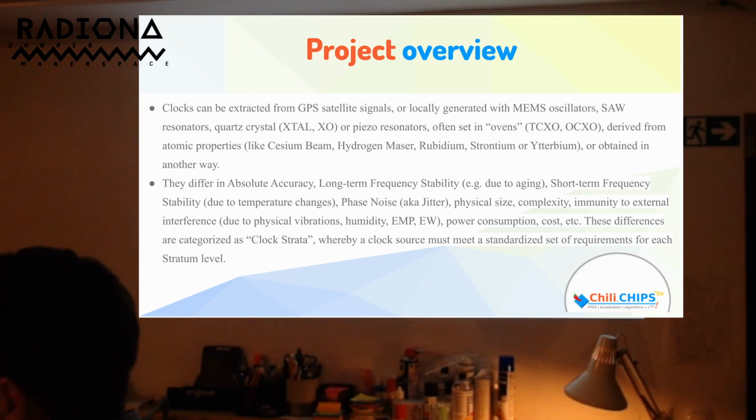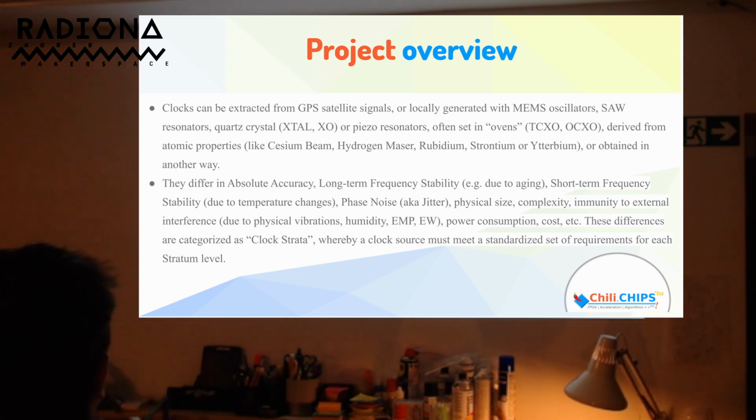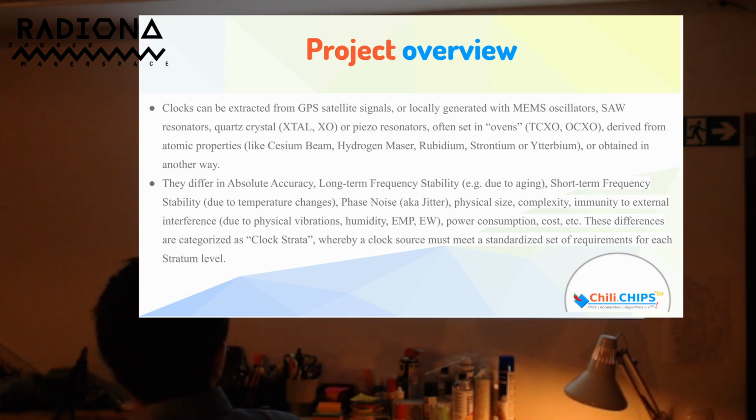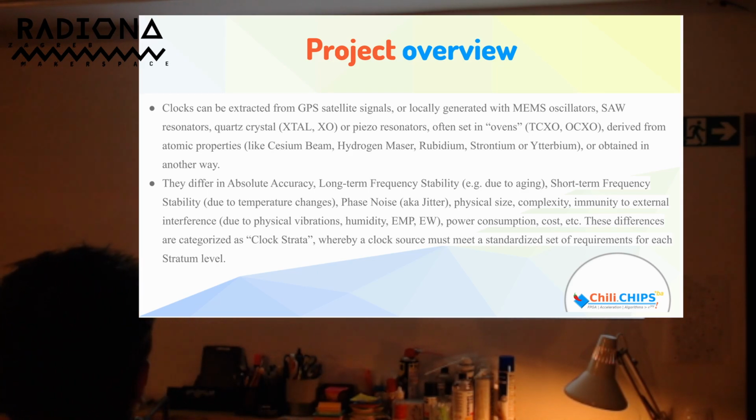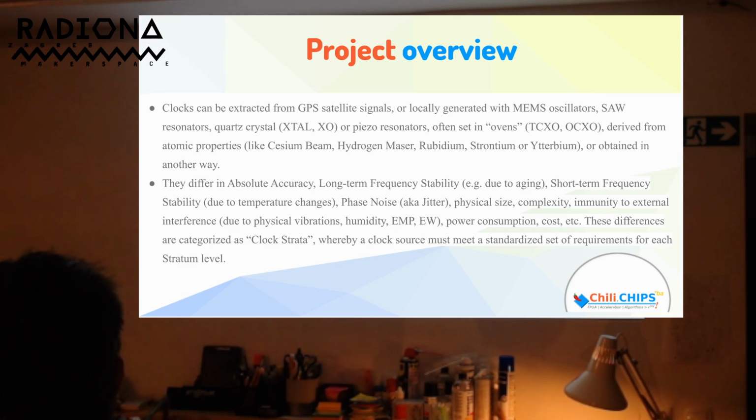So you can imagine some great clock. The clocks can be extracted generally from GPS satellite signals or from MEMS oscillators, quartz crystals, or piezo resonators that are often set in ovens, so to say, derived from atomic properties.